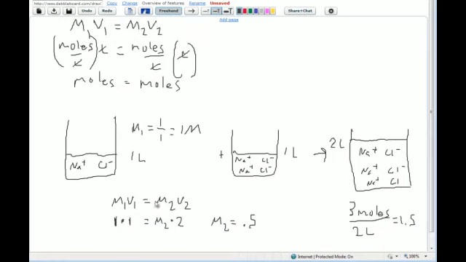The reason this equation doesn't work in this case is because the moles isn't constant between the beginning and the end, because both of our solutions have some sodium chloride in it. Bottom line, this equation right here is for simple dilution.